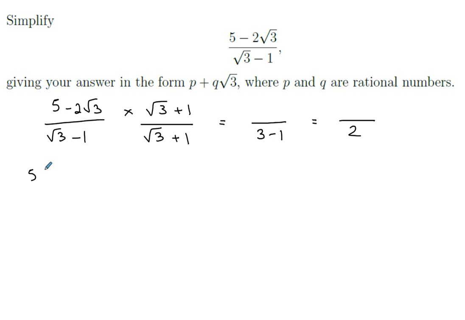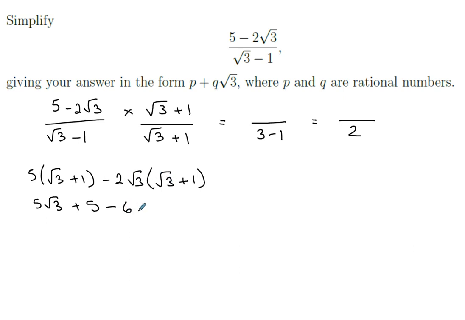So we go 5 times surd 3 plus 1, minus 2 surd 3 plus 1, and you get 5 surd 3 plus 5, minus surd 3 times surd 3 is 3 times 2 is 6, minus 2 times 1 is 2. Okay, let's collect like terms.